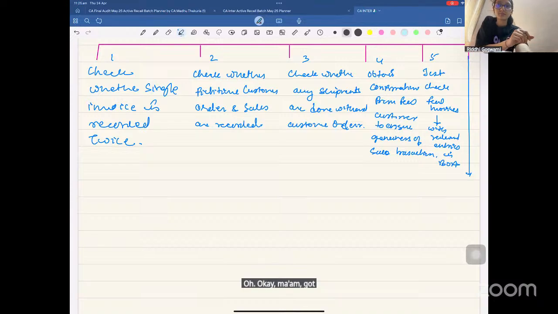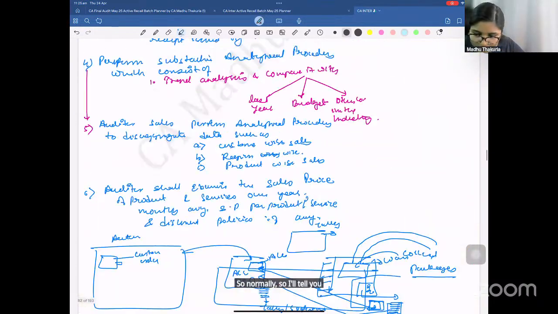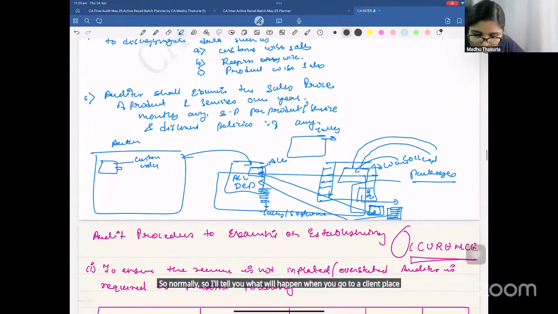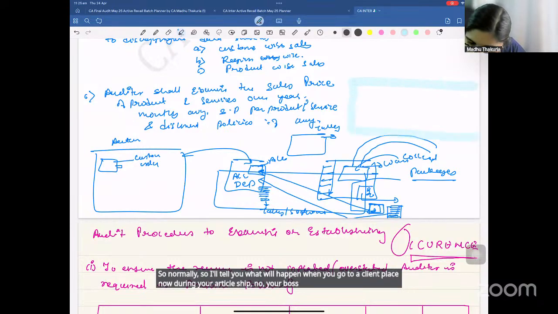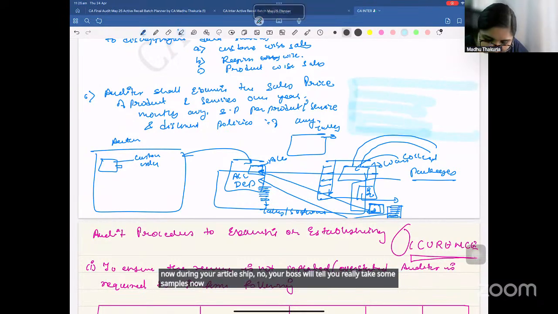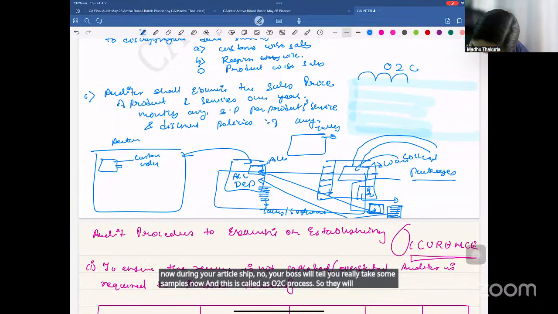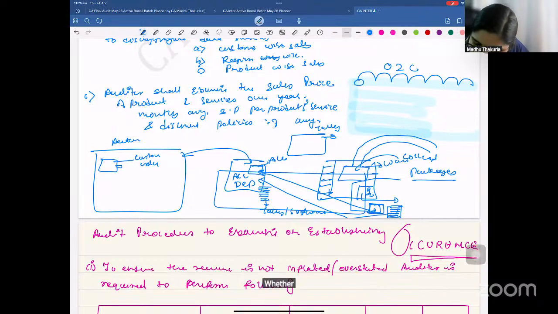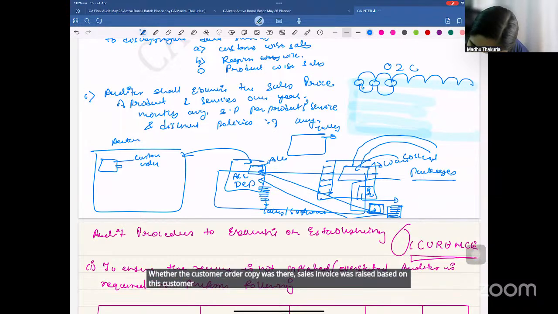So normally, I'll tell you, Riddhi, what will happen when you go to a client place during your articleship, your boss will tell you, Riddhi, take some samples now. And this is called the O2C process. They will ask you to test at each point whether the customer order copy was there, the sales invoice was raised based on this customer copy, then the material was dispatched against this sale.